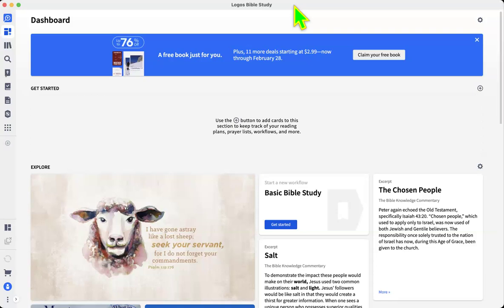So in week 3, we're looking at context, and I brought up 3 contexts that are important for us to have in mind when we're studying Scripture. The first is historical context, then literary context, and the third is social context.